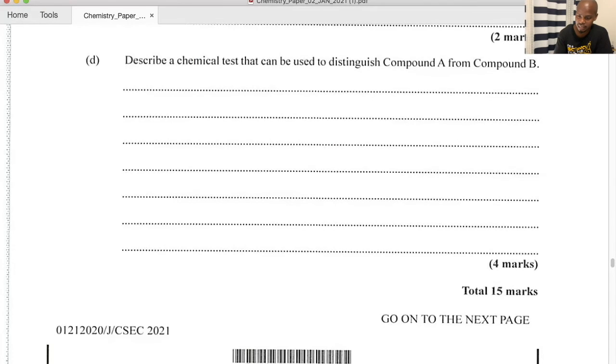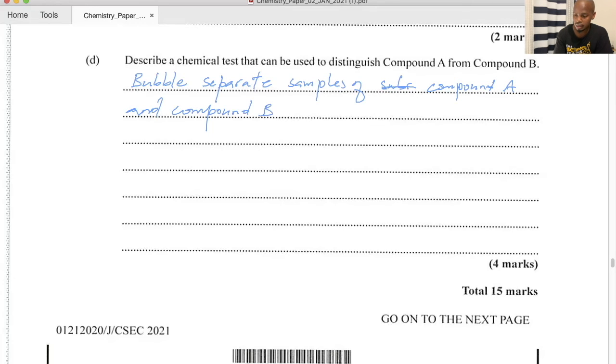In this case, we're going to bubble separate samples of compound A and compound B in bromine, Br2 liquid in CCl4 liquid. That's the test. We're going to tell what would happen, which would give us a particular change that will help us to distinguish them.